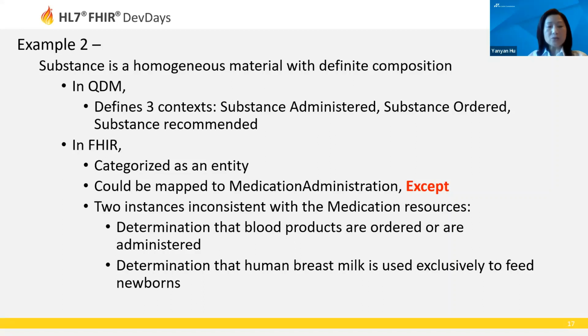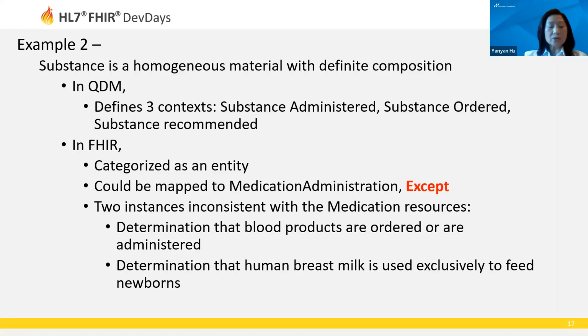QDM defines 3 contexts for substance: substance administered, substance ordered, substance recommended. Thus, the QDM substance is mapped to QI-Core medication concepts. However, from our conversion process, we found that 2 instances are inconsistent with the medication resources concepts.